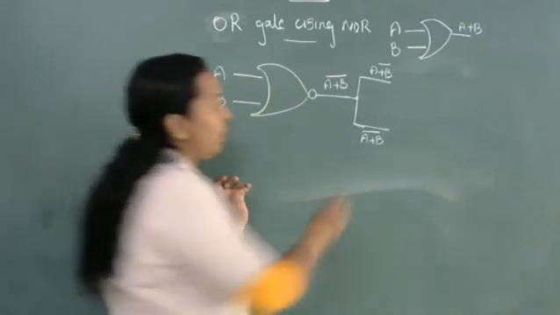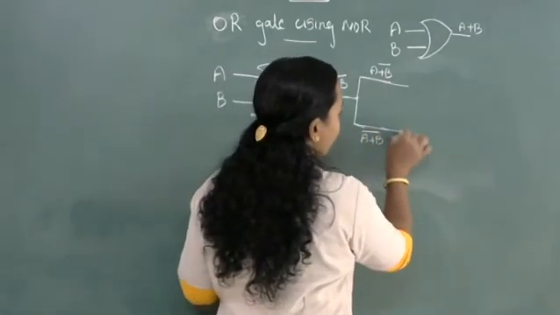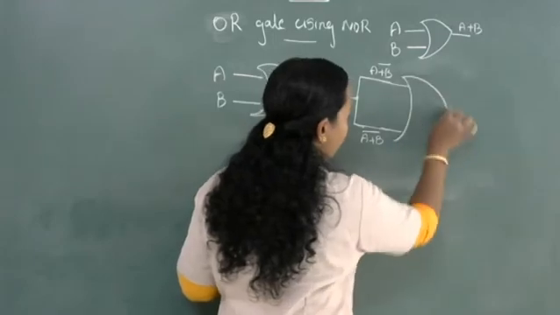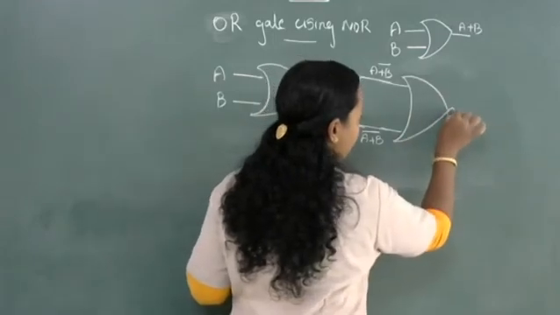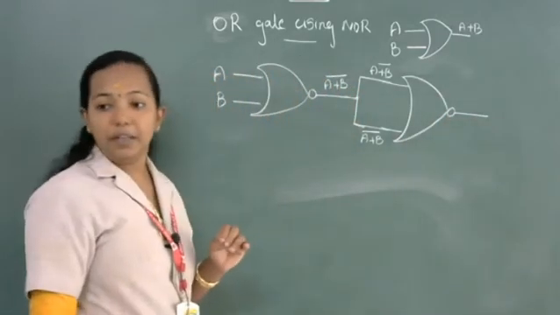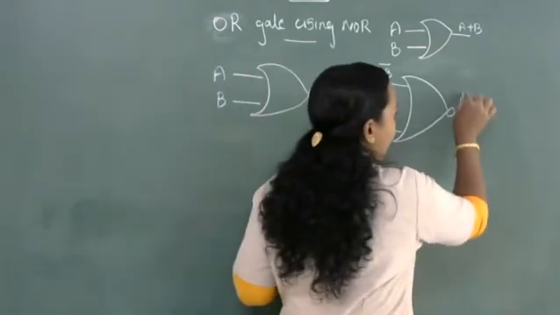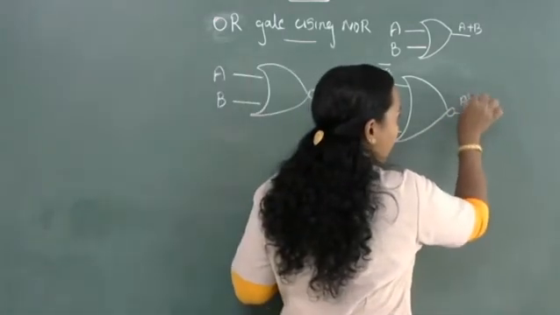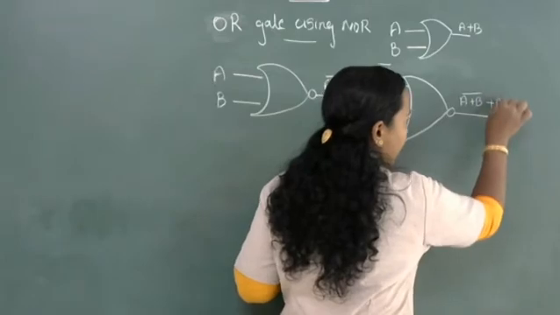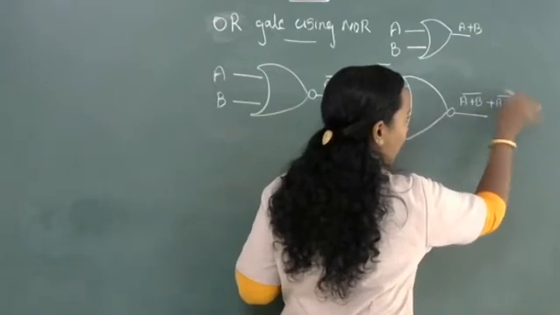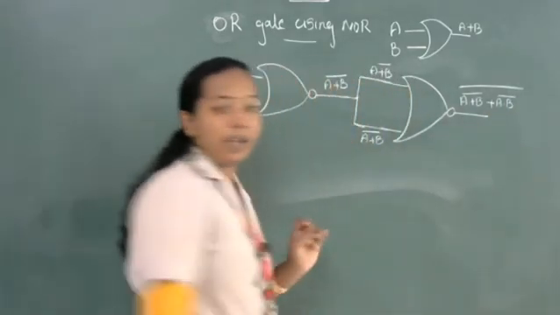And again I am drawing one more NOR gate. After this NOR gate, what will be the answer? ((A plus B) all complement plus (A plus B) all complement), all complement.